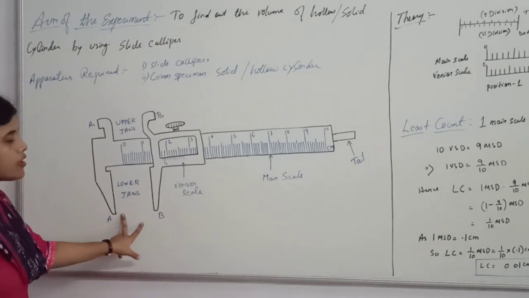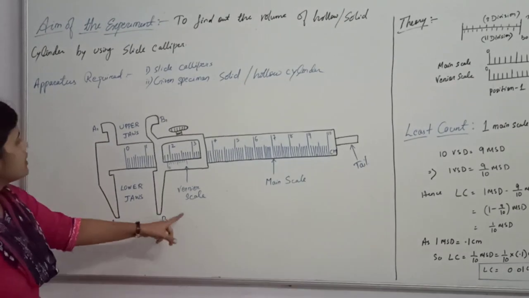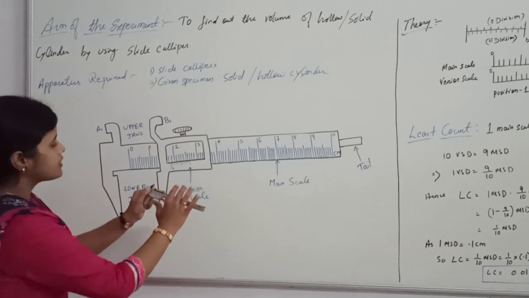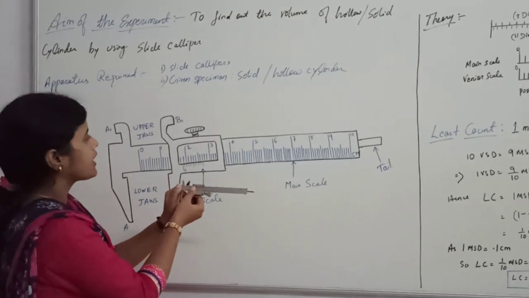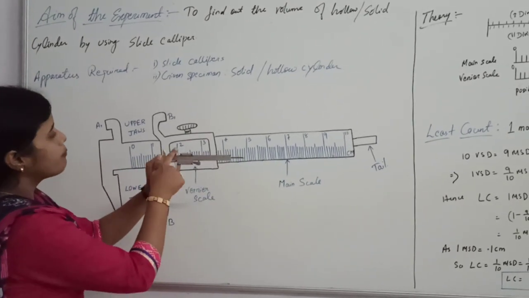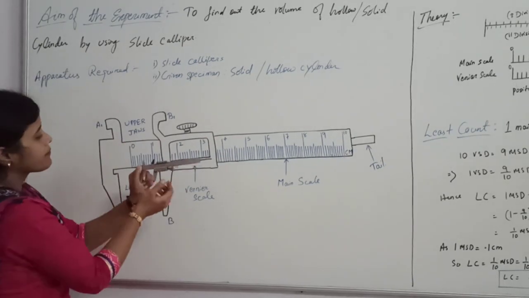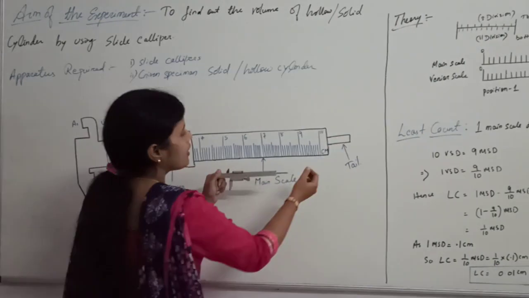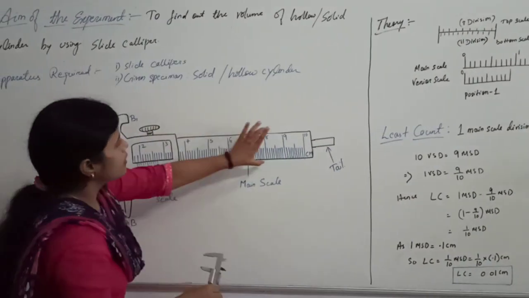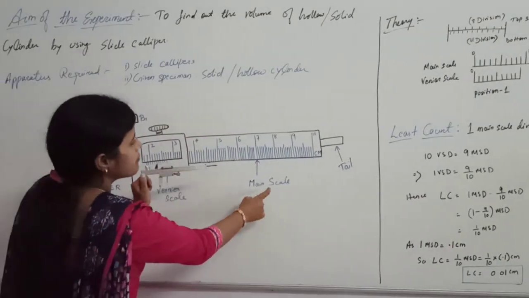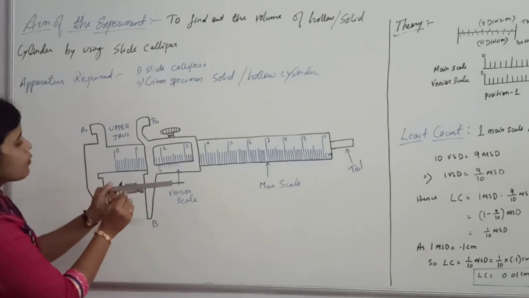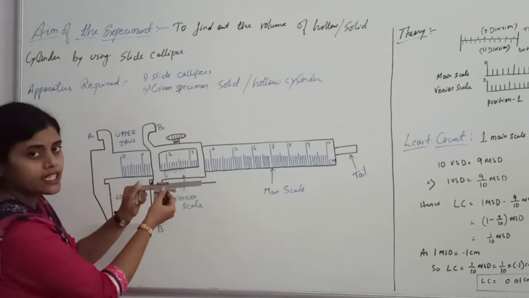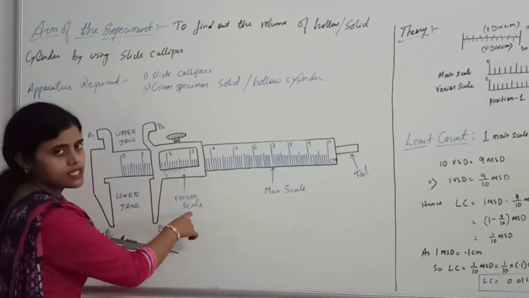This is the lower jaws, and this is the vernier scale. You can see the small one is the vernier scale. This is the upper jaw. I have drawn it here. This is the lower jaw, and this is the tail. This one is the main scale. And this smaller one which is sliding is called the vernier scale.